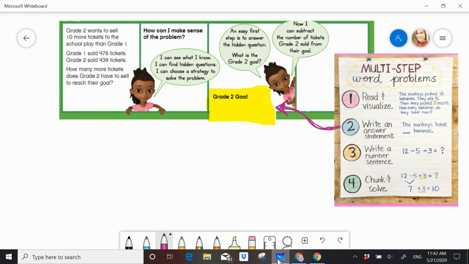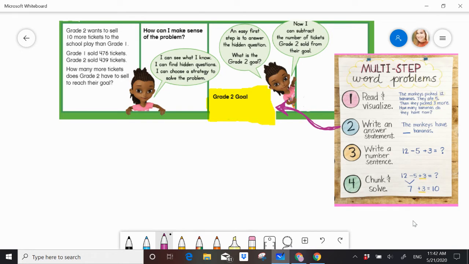Here we go. Let's go over the process for understanding a multi-step word problem. So the first thing you're going to do is read the problem and visualize what's going on in the problem. So can you draw a picture? Can you see it in your mind? Then you're going to write an answer statement, or write what you need to find out. So I'm not going to necessarily write an answer statement.